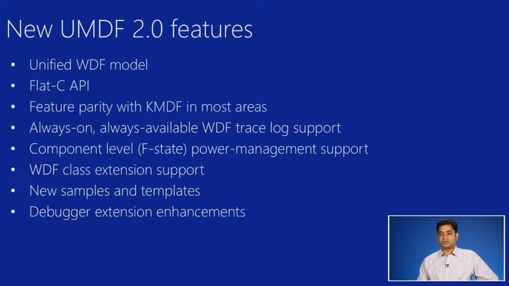We have more feature parity with KMDF. We have always on, always available WDF trace log support in UMDF. We also have component level or F state power management support, limited to single component, single state management. We also have WDF class extension support. We added new samples and templates, and we enhanced the debugger extension.